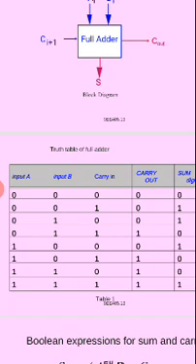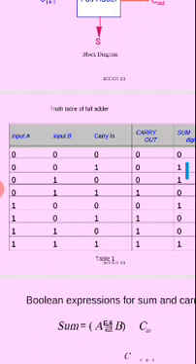For the 0 1 0 combination, carry 0, sum 1. For the 0 1 1 combination, carry 1, sum 0. For the 1 0 0 combination, carry 0, sum 1.